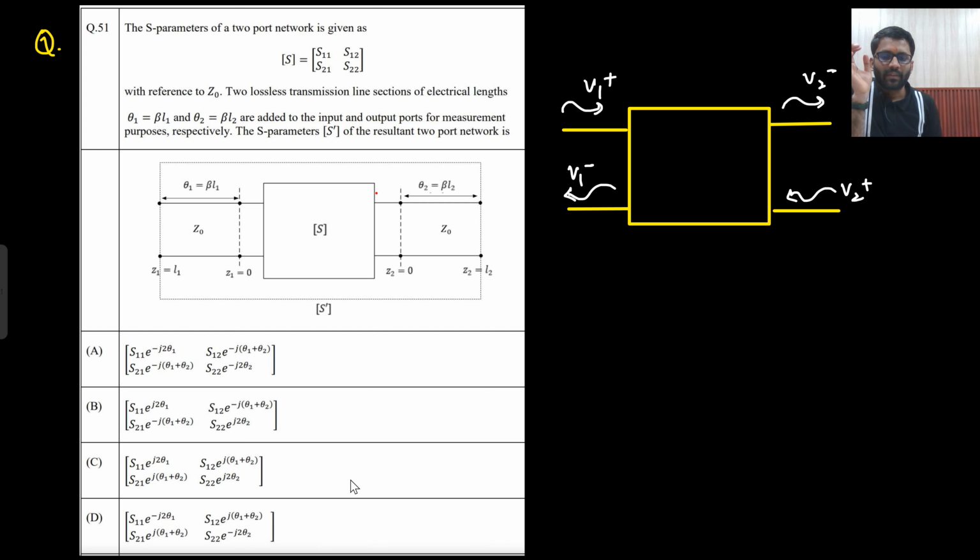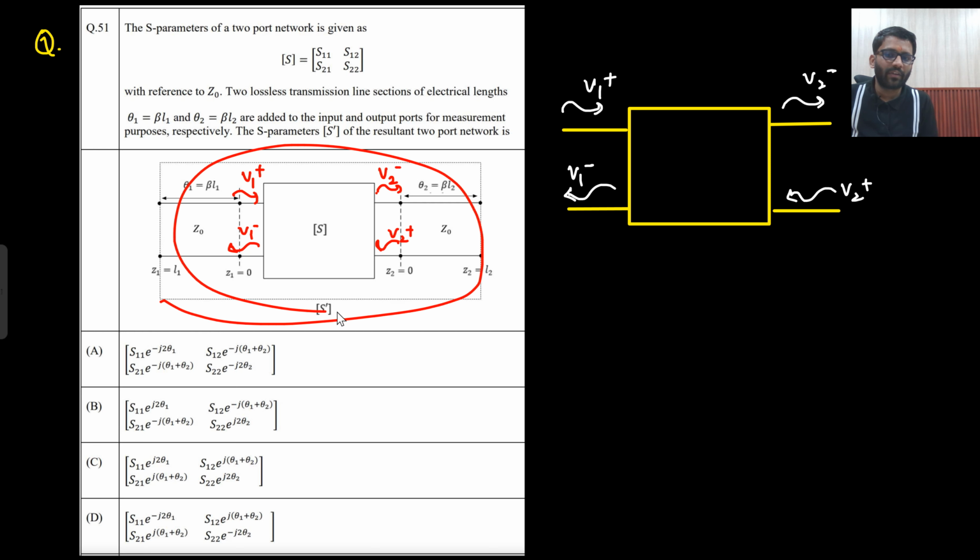Now here S11, S12 are defined with respect to this: from here you sent V1 plus, then V1 minus would have been reflected. From here you would have sent V2 plus and V2 minus would have been reflected. Now this is our network, our new network is this one.